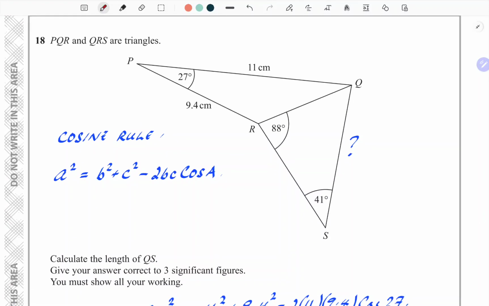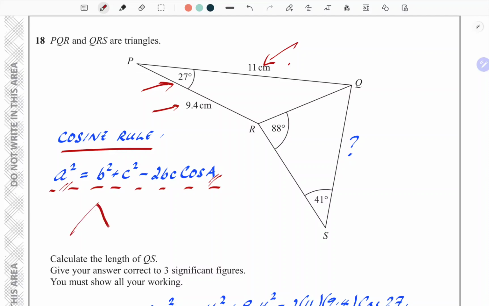Okay, this one, you've got irregular triangles, so scaling triangles, etc. As soon as you see angles and sides, think cosine rule. That one is a squared equals b squared plus c squared minus 2bc cos A. The important thing to note is that angle A corresponds to a squared.